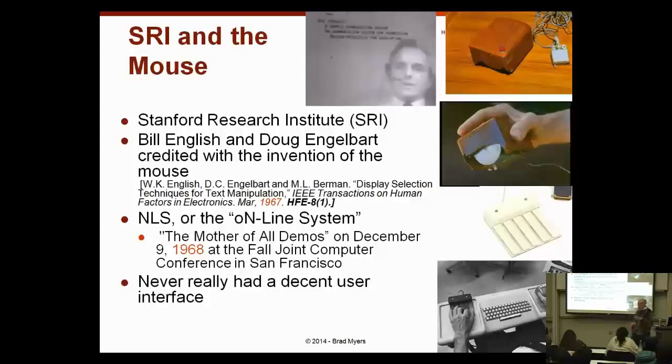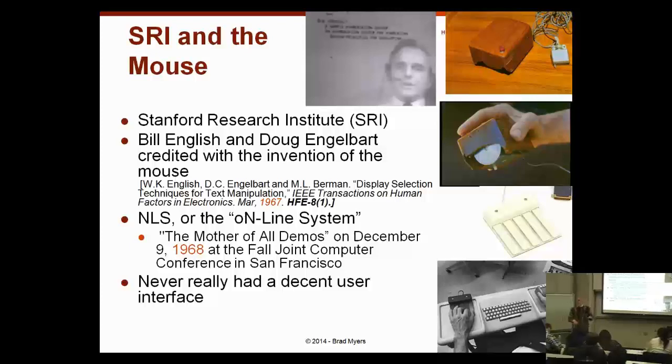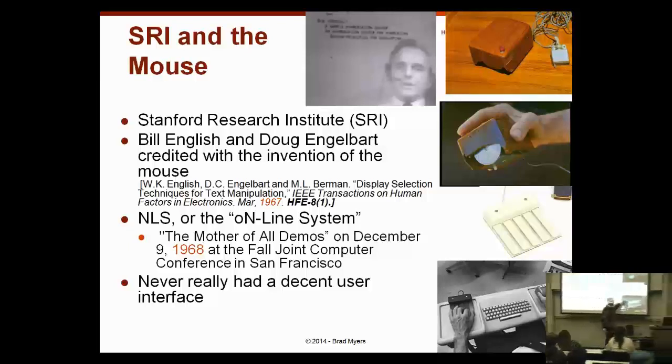And one of the ideas that they had was with 5 buttons, 2 to the 5th is 32 different possible things. So his idea was that you would memorize the different chords for the different letters. And so he could type letters by putting different fingers down, and he wouldn't have to take his hand off the mouse.